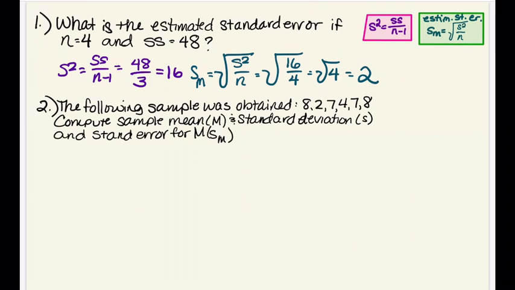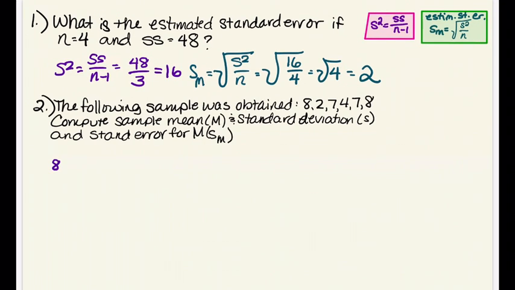The next question gives us the specific values for a sample, and we have to compute the sample mean, standard deviation, and the standard error for M. I like to start by placing my scores in a vertical line so that I can do my calculations in a way that I can understand.